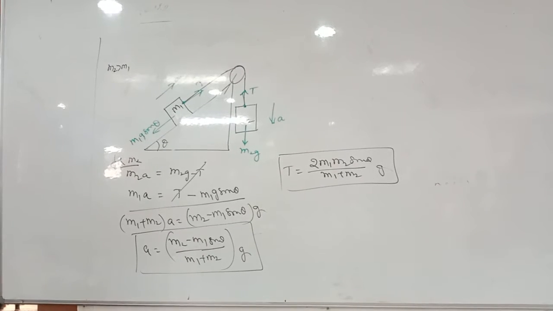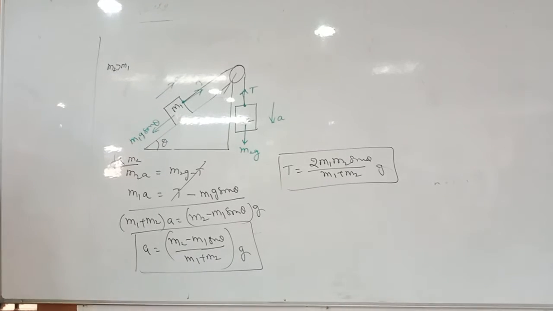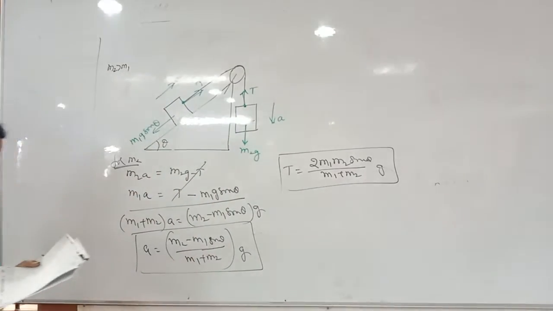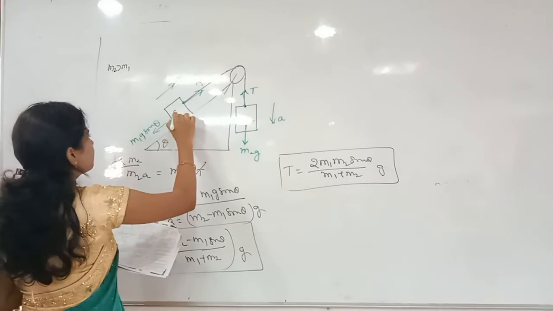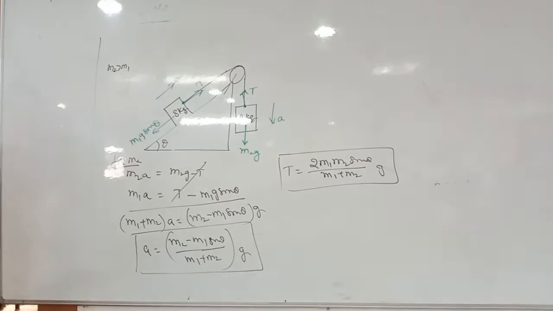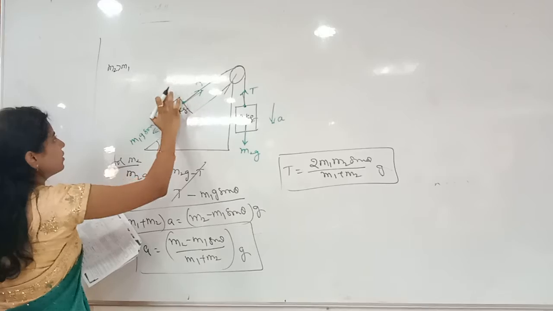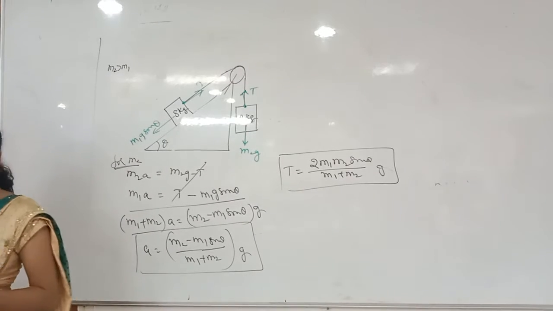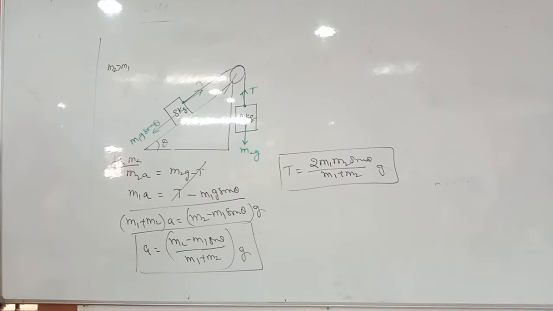Finished everything? Yes, right. Two masses of 8 kg and 4 kg are connected by a string as shown in the figure, over a frictionless pulley, then find the acceleration of the system. 8 kg and then 4 kg are there like that.